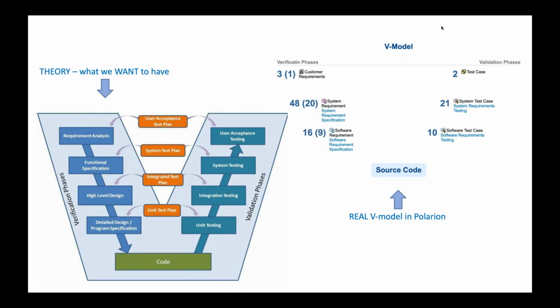And you can see in the left corner it is a real V model from Polarion, which is generated automatically, and it shows you how many custom requirements you have, how many related test cases, how many items are tested, and how many items are not tested. You can also make links from requirements to the source code if you use a connection to the Git or to the SVN repository.